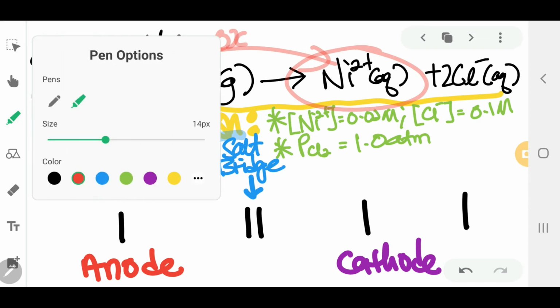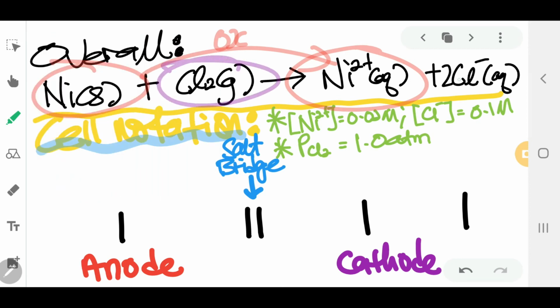And when you look at here, chlorine to 2Cl minus, the chlorine gas will be receiving electrons and it will be converted into 2Cl minus. So that is the reduction.